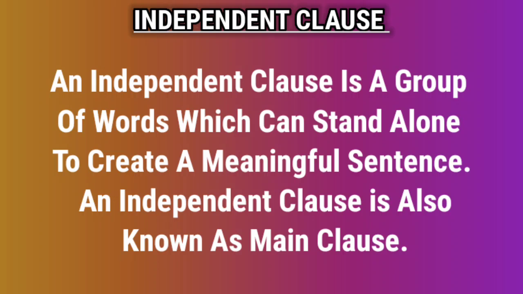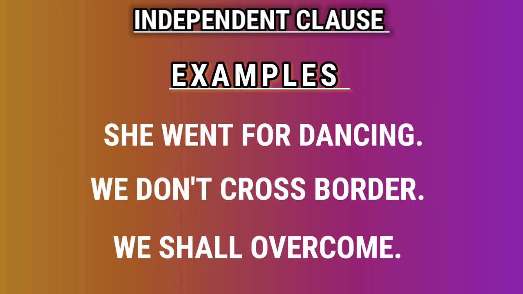If I talk about some examples here, you can see in an independent clause, sentences can stand alone to create their form independently. For example: She went for dancing. We don't cross border. We shall overcome.